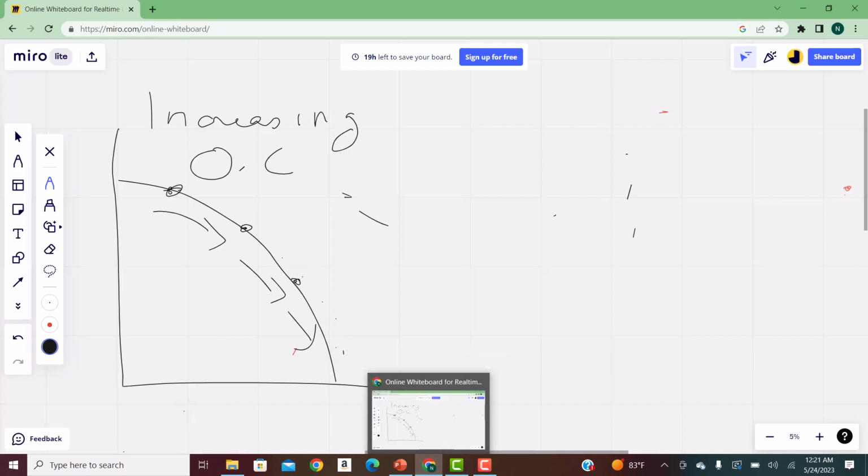So if we get a PPF graph that has a shape like this, we can immediately say that it has an increasing opportunity cost.